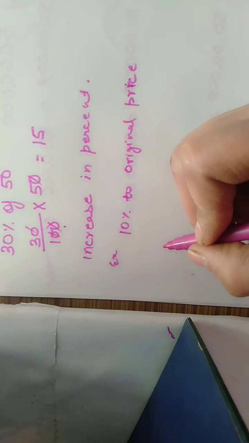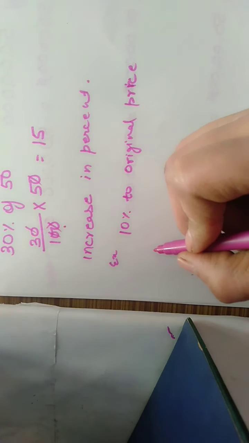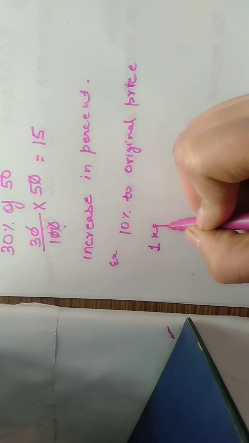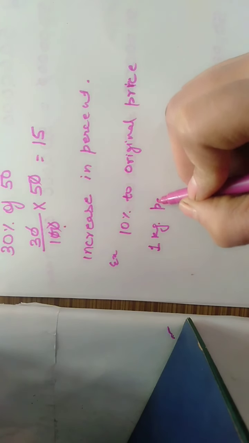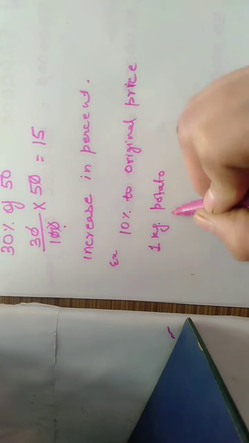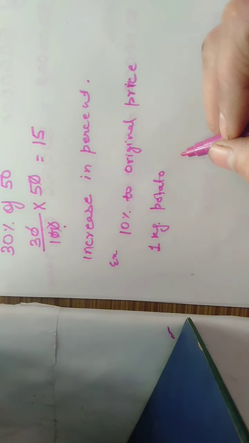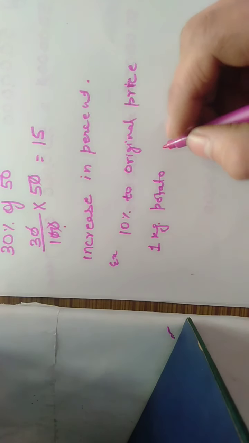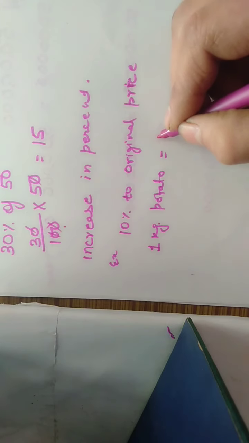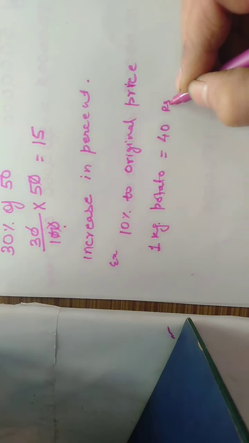Suppose 1 kg of potato is worth rupees 40.